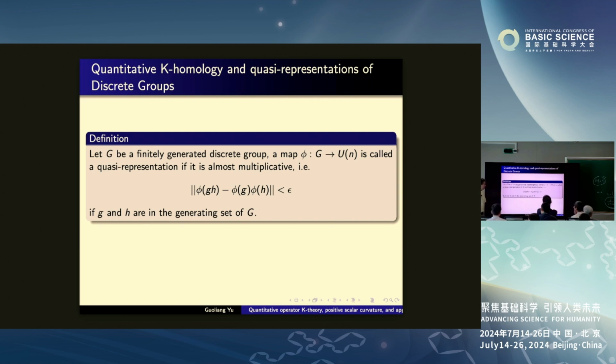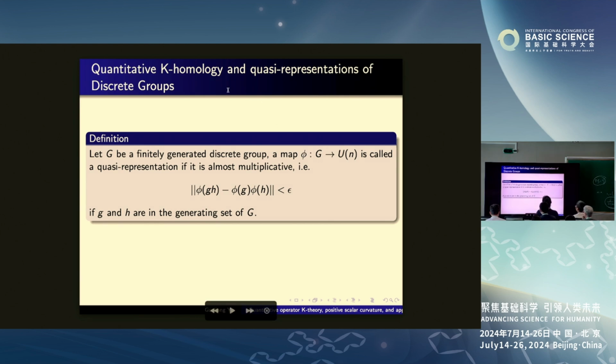We were interested in finding out about quasi-representations of discrete groups, those are finite dimensional quasi-representations. Normally, when you discuss representations of big groups, like infinite groups, on a finite dimensional space, not much interesting is going on. But those are quasi-representations, they almost respect the product up to a small constant.